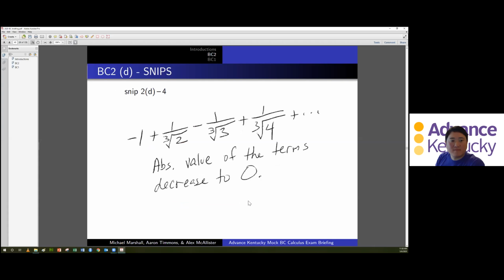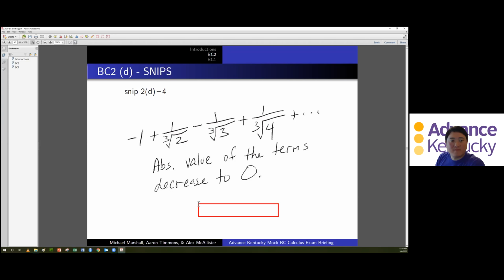All right, here's the last snippet. Okay, on this one, it's better.